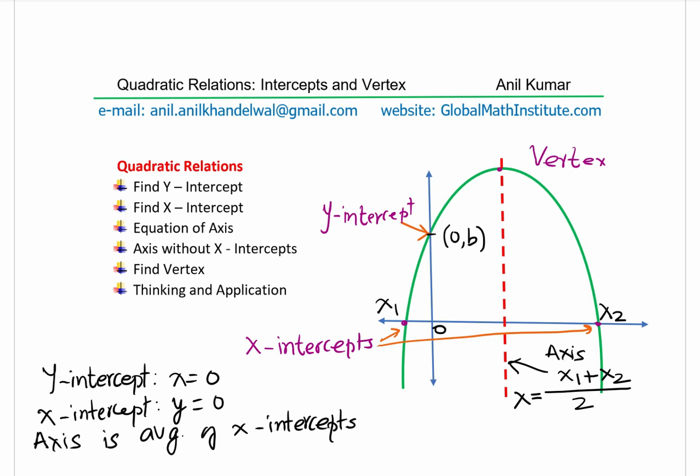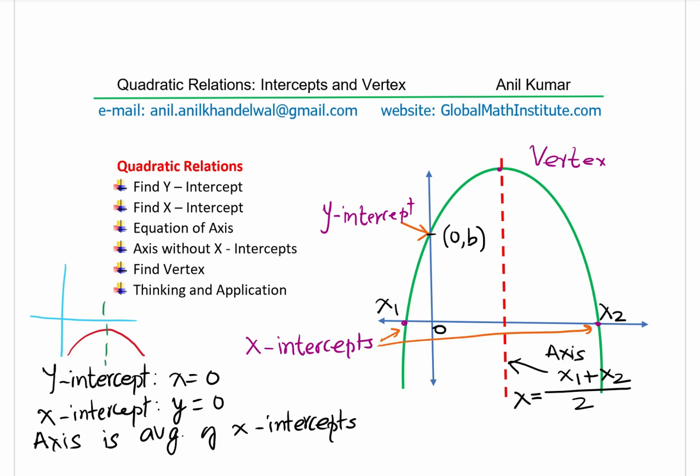Now it is important to note that there will be times when you may not have x-intercepts, right? For example, you may have a situation where a parabola could be kind of like this. How are you going to find the axis of symmetry in this particular case?